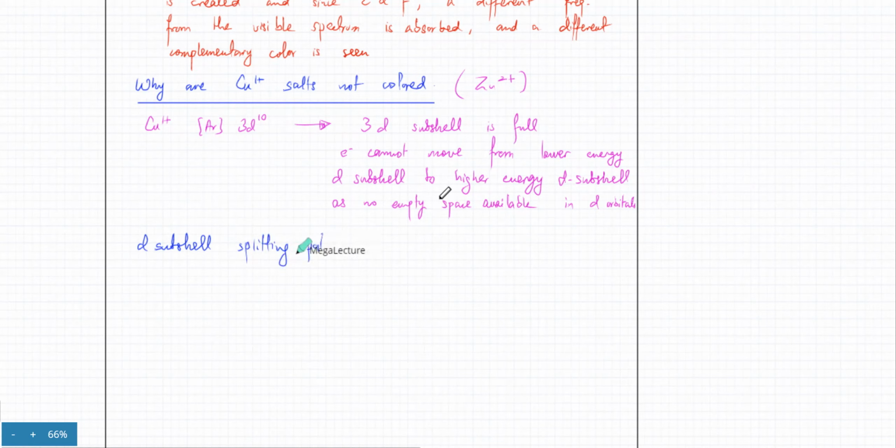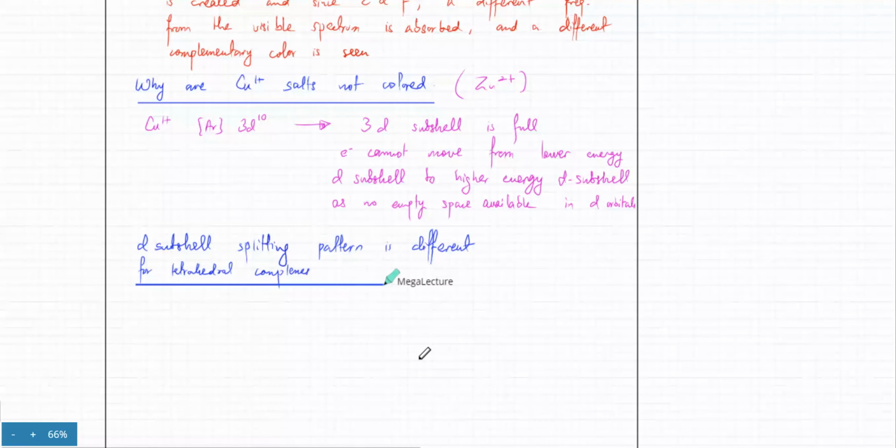The D subshell splitting pattern is going to be different for tetrahedral complexes. Now the thing with the tetrahedral complexes, the entire splitting pattern is going to be different.